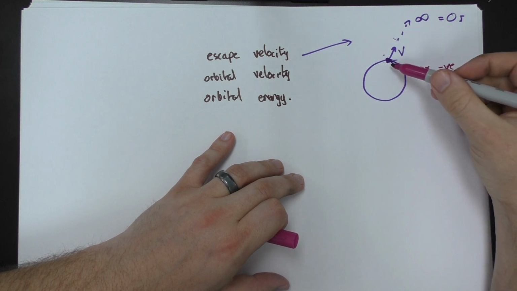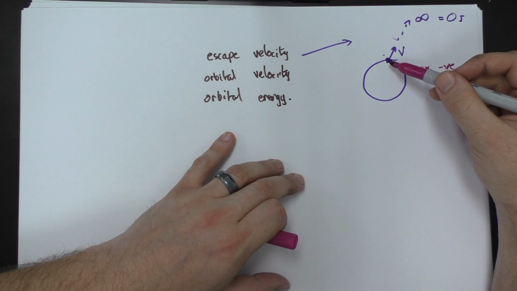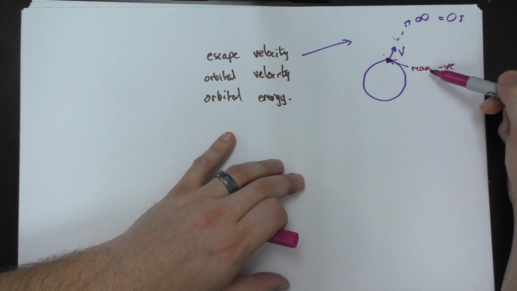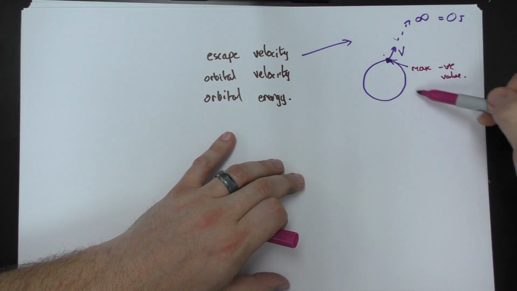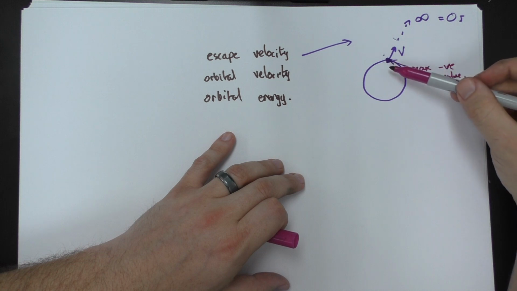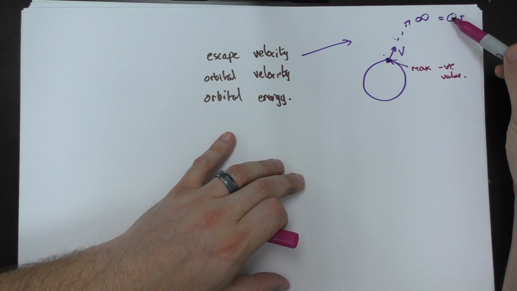So the idea is that if I've got to escape from this planet to infinity, and it's got to be able to permanently escape, I've got to have this velocity. And we've got to be able to put in the amount of energy to get it from this max negative value on the surface of the Earth to infinity, the value of 0.